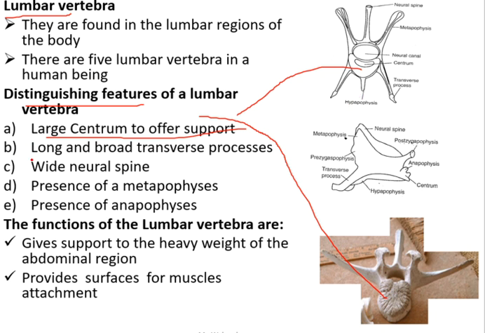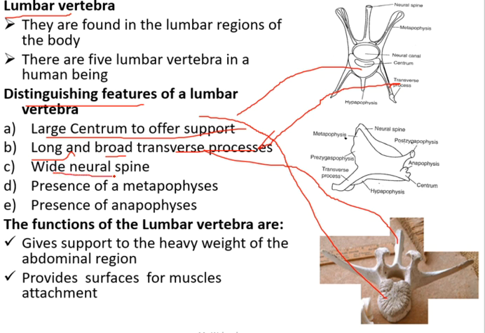Then long and broad transverse processes. As you can see, the transverse process here is long. Then you can see the transverse process here, which is also long and broad to provide surface for muscle attachment.